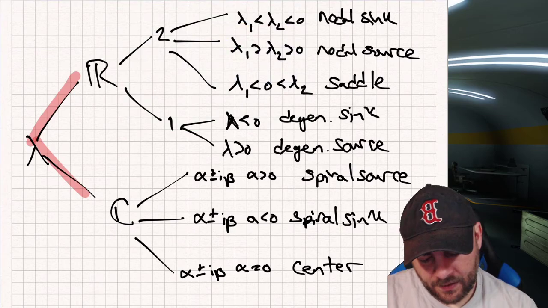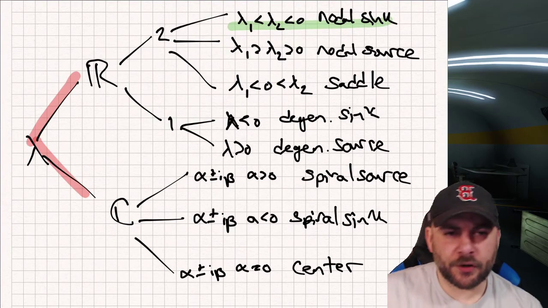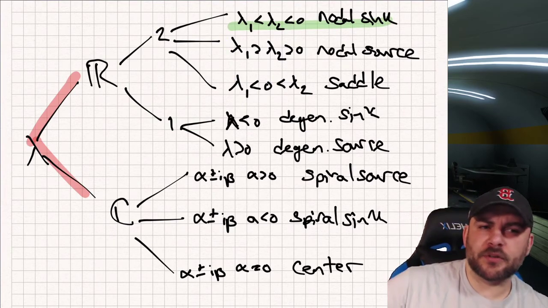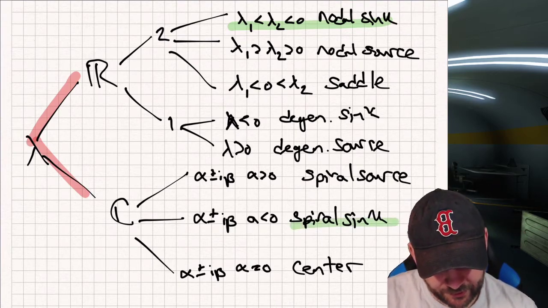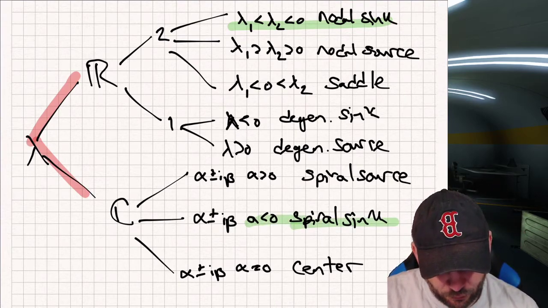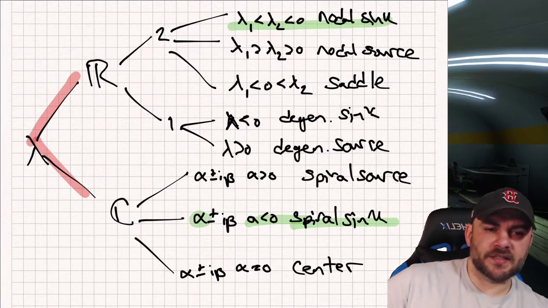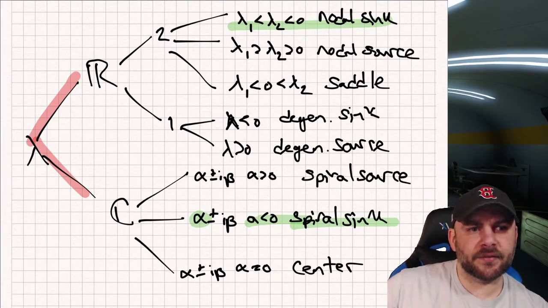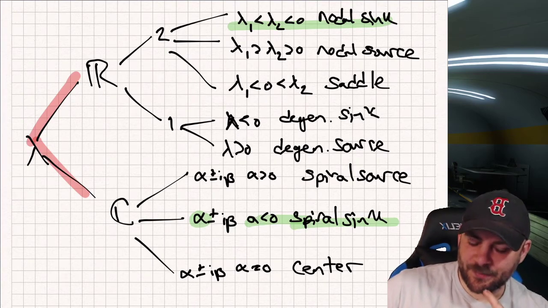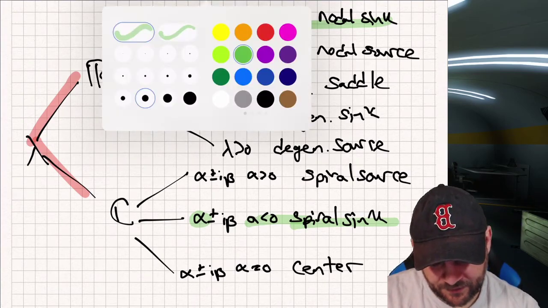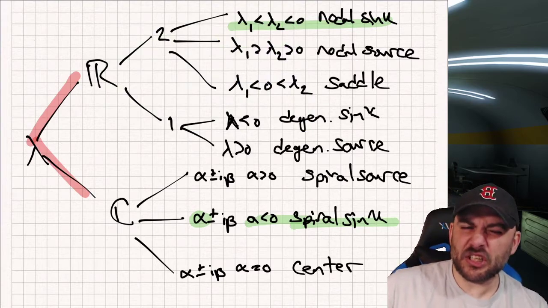A nodal sink occurs when lambda 1 and lambda 2 are both negative. Okay, cool. How does a spiral sink occur? Oh, it's when the real part of this guy right here is negative. That's sharing something in common. Okay? In a different green, but still a green.